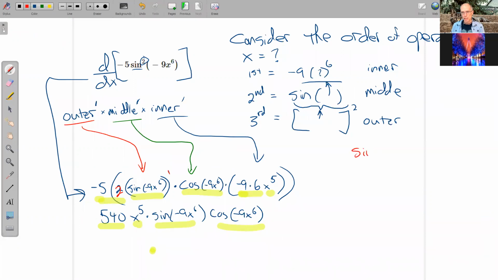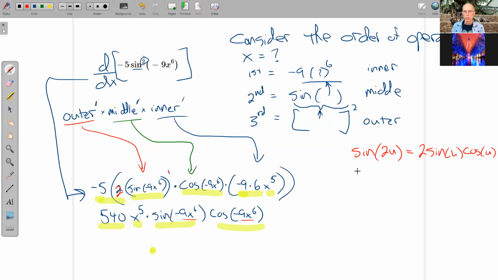So the sine, I'm going to use a different variable. I'm going to say the sine of 2u is equal to twice the sine of u cosine of u. And so for me, the u is that negative 9x to the 6th, right? That hung out each time.